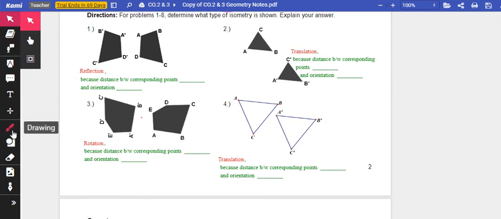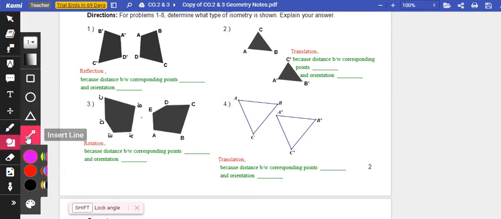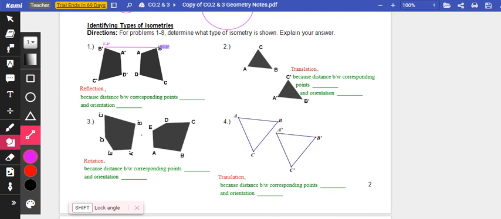If I look at the distance between corresponding points, I am going to pick a point B and B prime. Those are my corresponding points, B and B prime. And then I have A and A prime. I can tell that the distances, the two purple lines, are going to be different lengths.